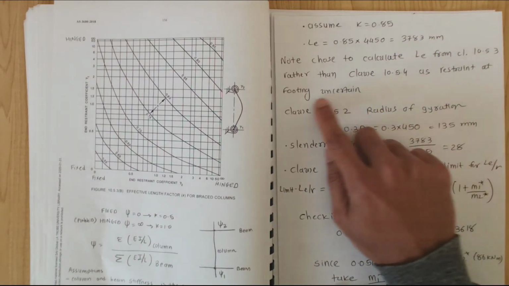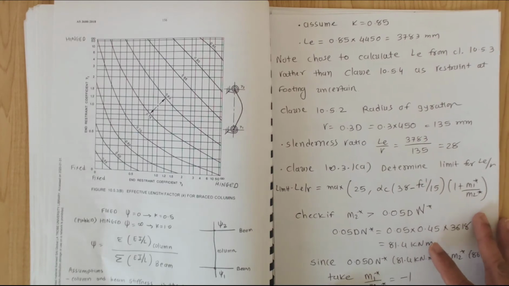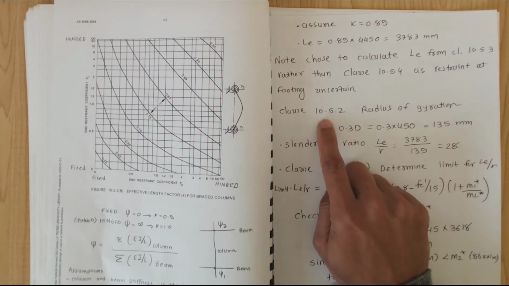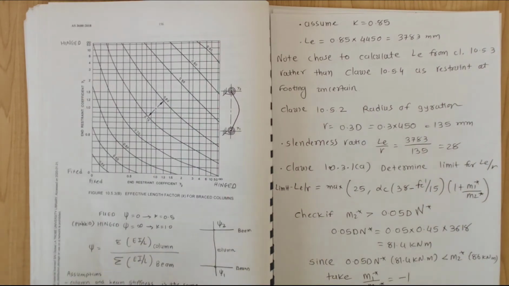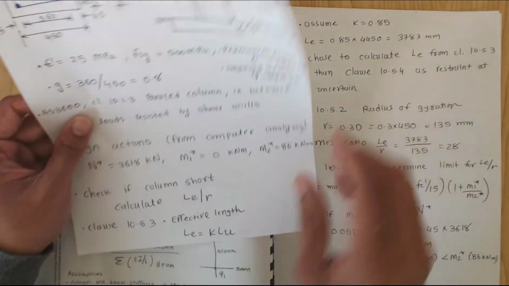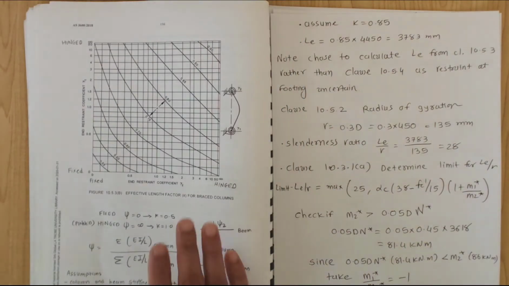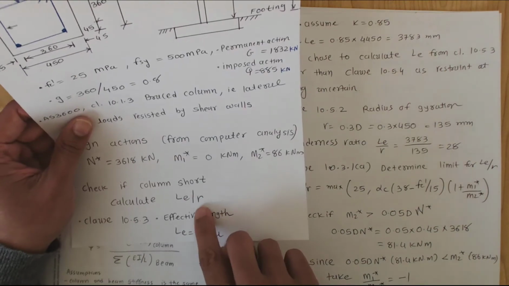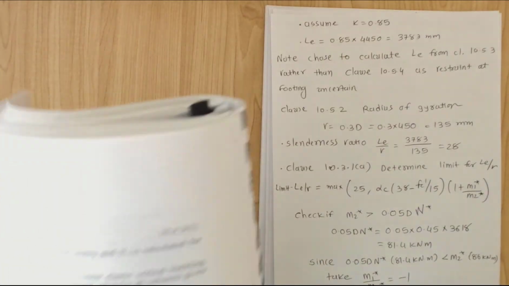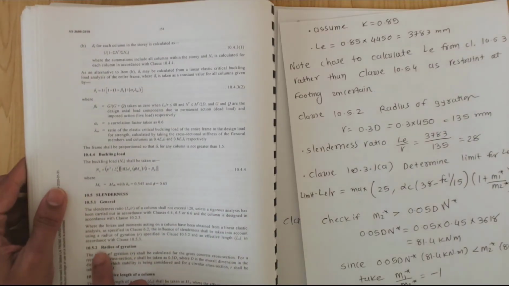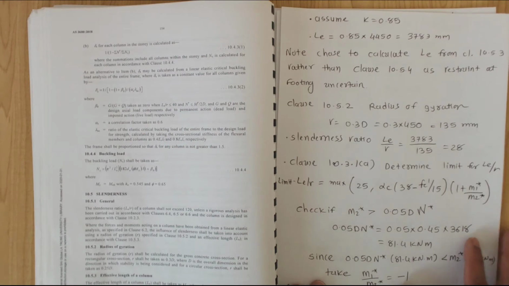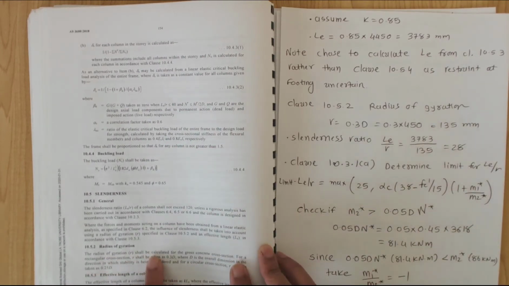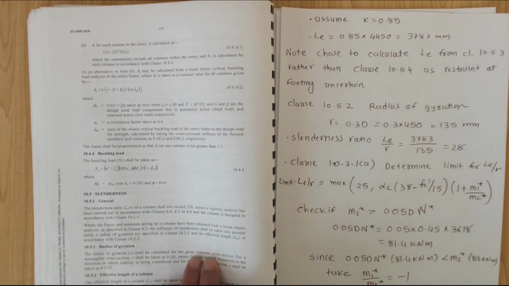Now I just mentioned the footing uncertainty. If you go to clause 10.5.2, because we calculated the effective length, now we need to calculate the radius of gyration, r. The definition is given in clause 10.5.2: radius of gyration shall be calculated for the gross concrete cross section.